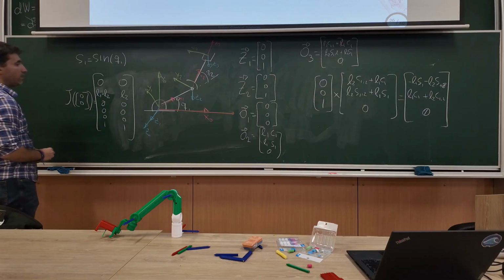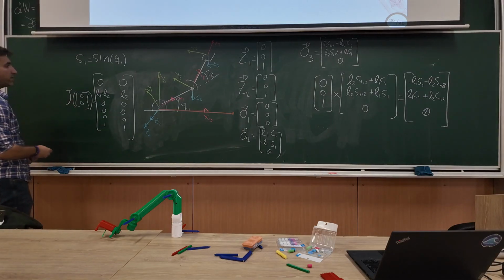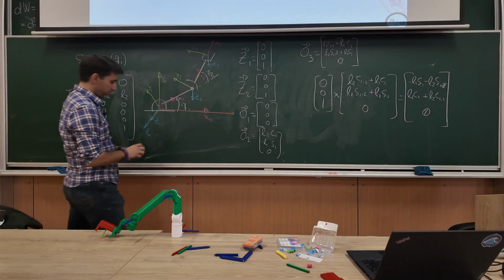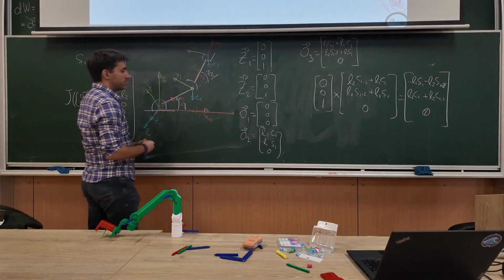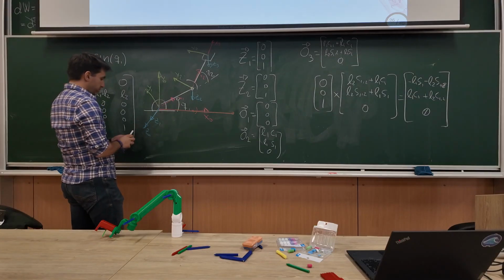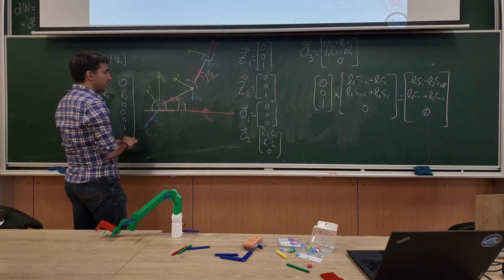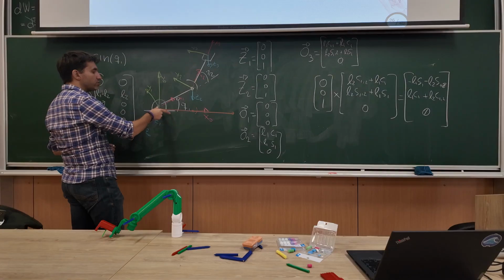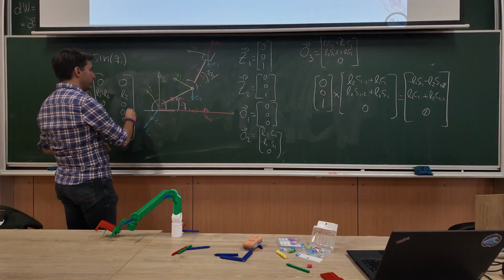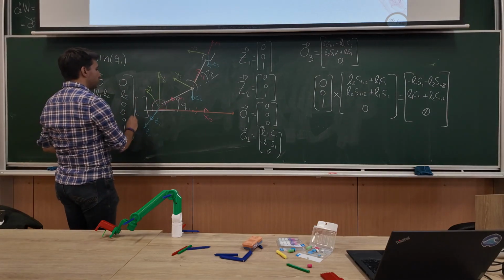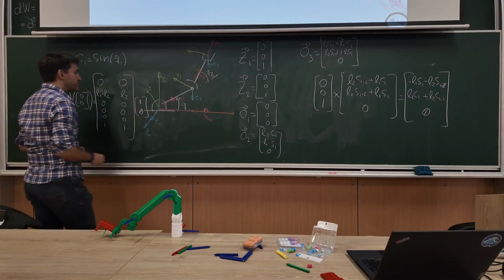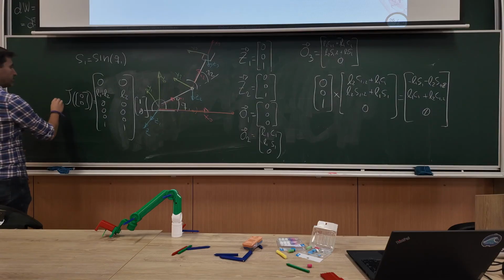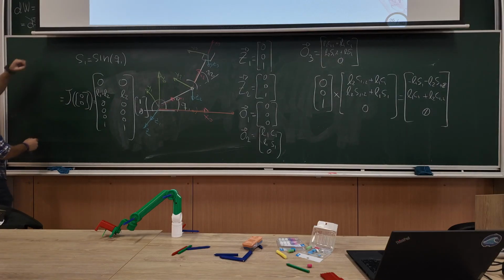All right, so what happens if I multiply this Jacobian? Let's say I have this first joint and second joint, and some angular velocity here. So only Q1 is moving. Let's say I have angular velocity for Q1 of 1 and for this one 0. What will be my end effector velocity?